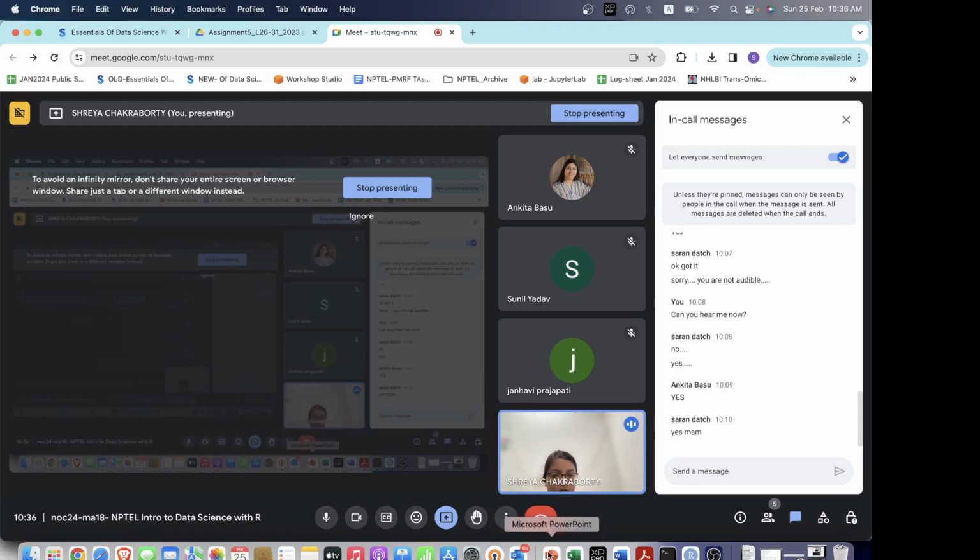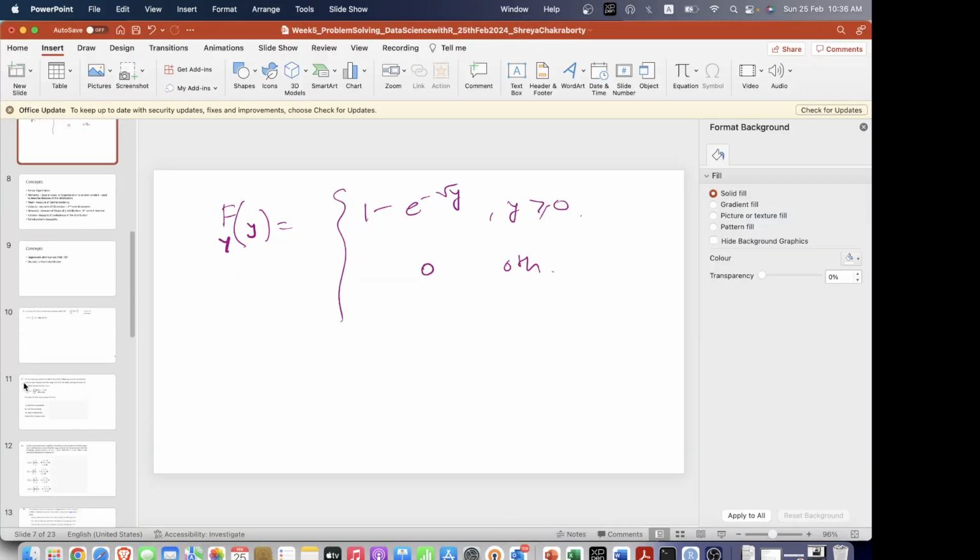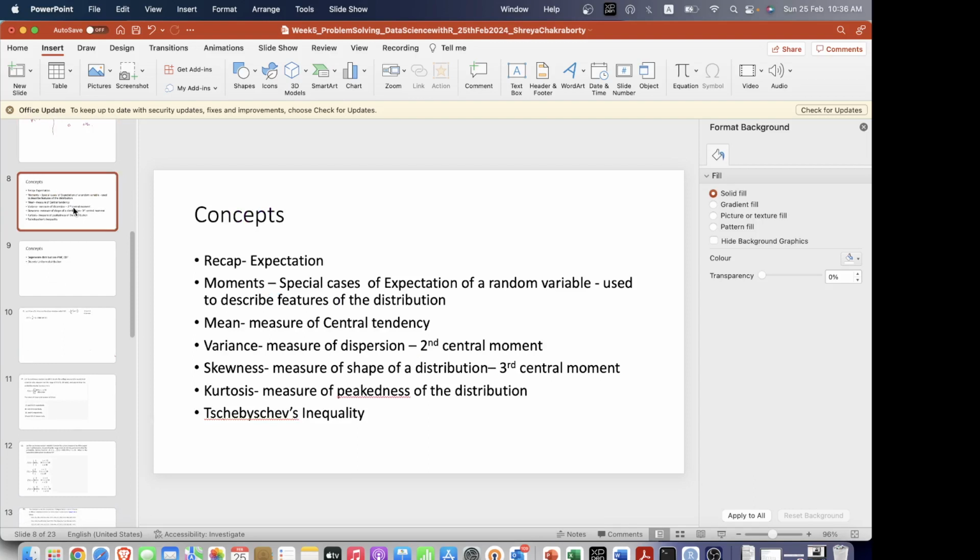Alright. So if you're okay with this, I'll just move on to week 5's questions. So in week 5 we learnt about expectation, and also we learnt about moments, special cases of expectation of a variable which are used to describe features of the distribution. And there are 4 key features that moments would help us determine.